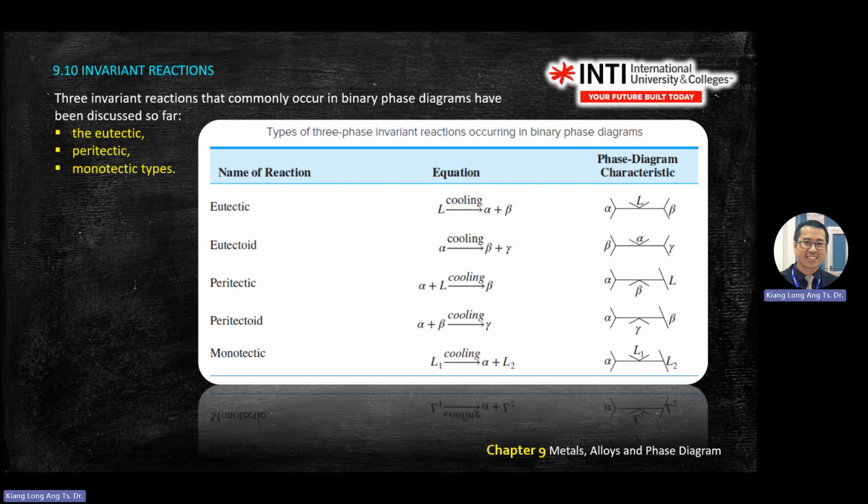Peritectoid, you can see as a solid. You have a toid there. It means you look at solid 1 and solid 2 becoming solid 3. So here, eutectic is 1 solid becoming 2 solids.